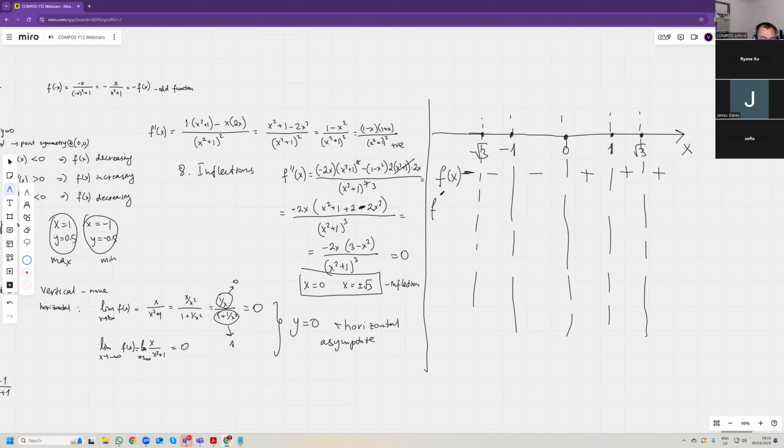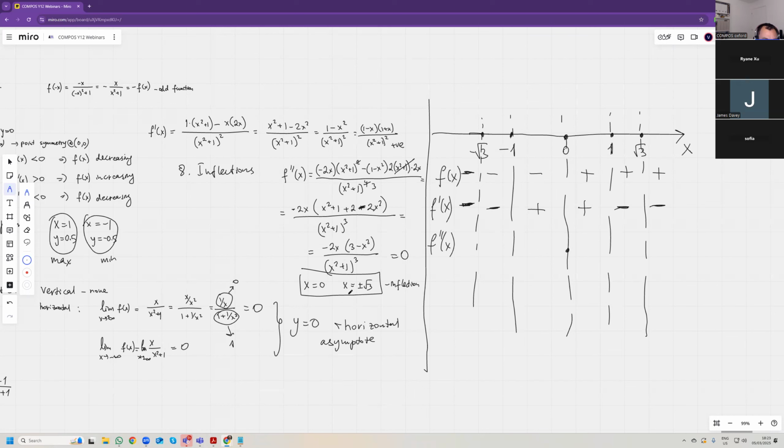Now we know the first derivative is, well, we know it's positive, it's negative, negative, positive, positive, negative, negative. The second derivative, now we know that these are the points of inflection, 0.